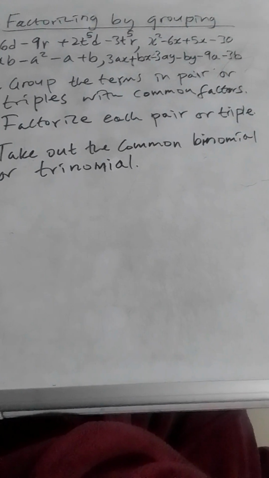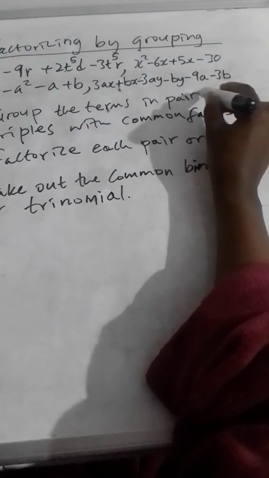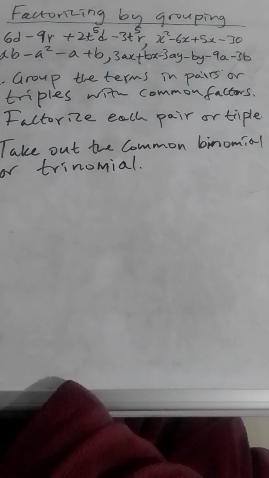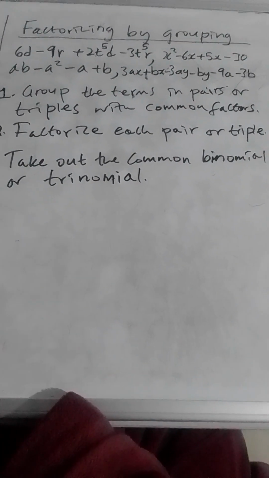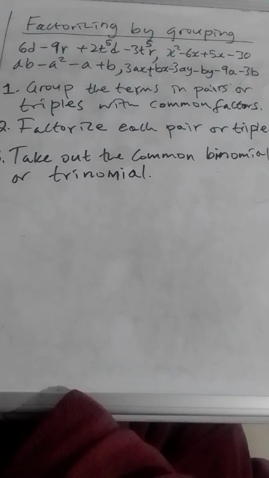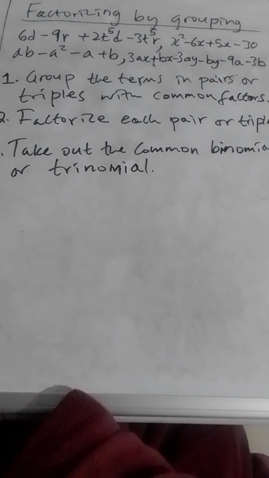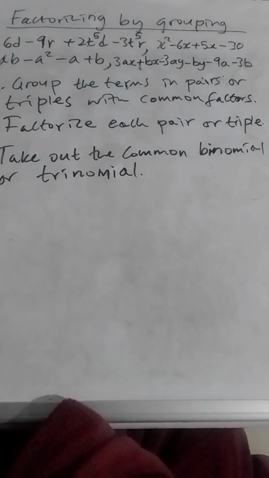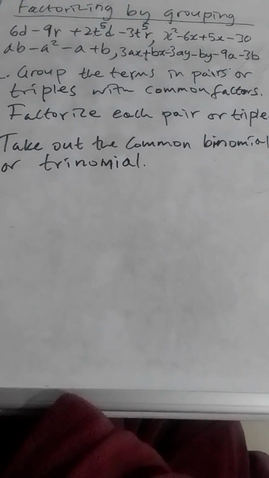First up, group the terms in pairs or triples with common factors. So you don't just group them any way you like. You check which ones have common factors. Then you group them like that in triples or doubles. Now, in the second step, you factorize each pair or triple by just taking out the highest common factor.